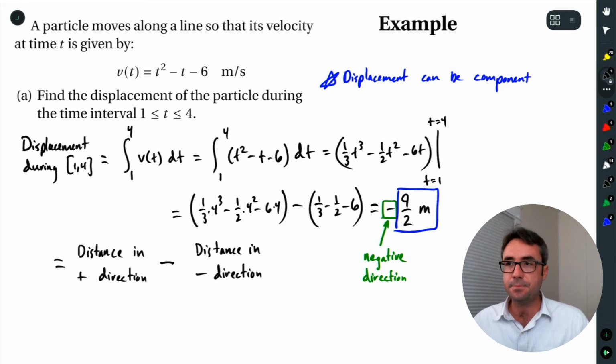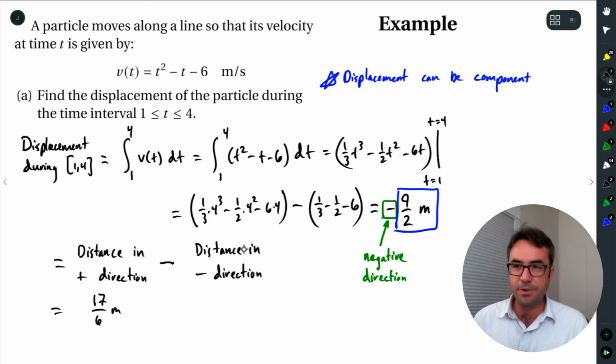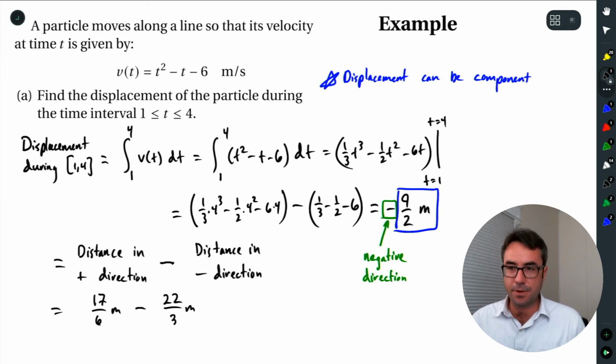So what did we find for the distance in the positive direction? We found it was 17 over 6 meters. What did we find for the distance in the negative direction? We found that it was 22 over 3 meters, and we subtract. And if you were to do this, get a common denominator, do the arithmetic, you would end up with negative 9/2, just like we found just doing the definite integral.